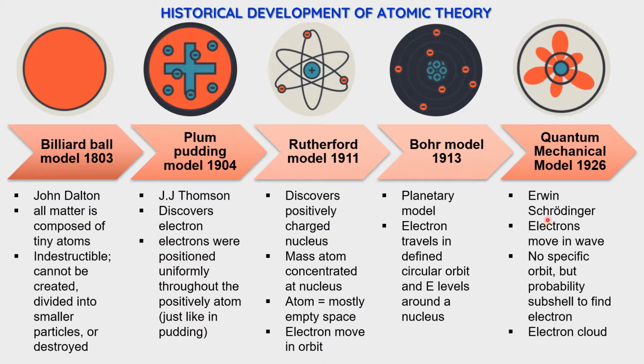It is actually a probability space in the atom where we could find the electron. And he also mentions that electrons move in waves, not exactly in circular orbits. And in his model, he also came out with the term electron cloud.